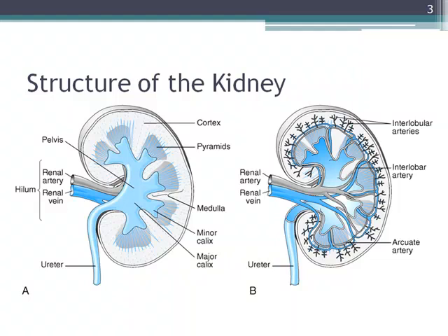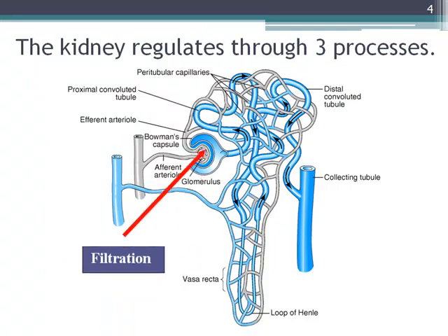Oh, my little arrows went the wrong direction. There we go. The first one is filtration. So filtration happens at the glomerulus, and everything that goes through the bloodstream ends up going by a glomerulus and potentially could be filtered. Now, is everything filtered at the glomerulus? No. What's not filtered?